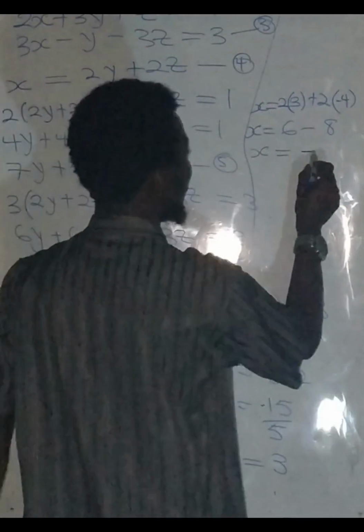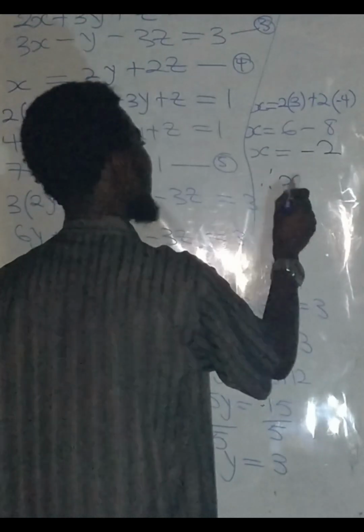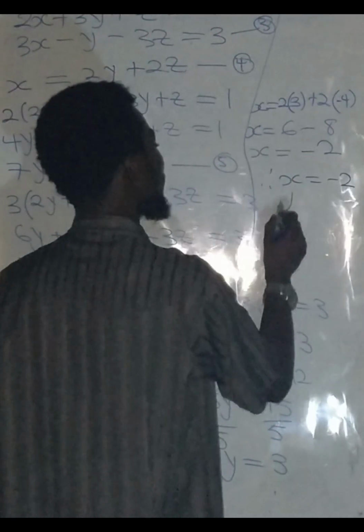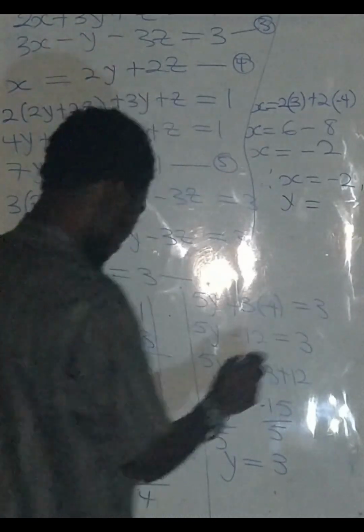Six minus 8 is minus 2. Therefore, x is equal to minus 2, y is equal to 3, and z is equal to minus 4.